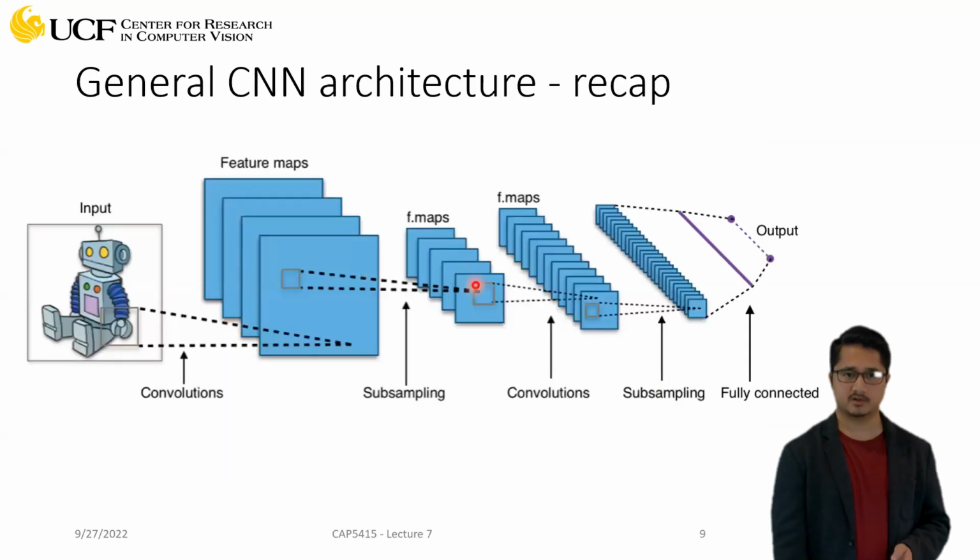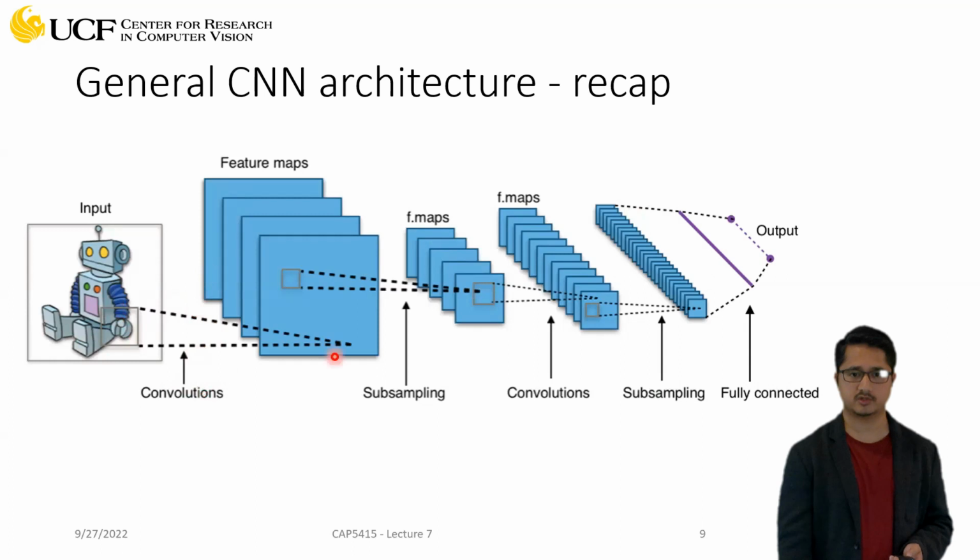But how you obtain these activation maps using these convolution operations, those are the network parameters which we are going to learn. So a general CNN architecture, as you all know by now, you have an input image, you have certain convolution layers, some subsampling layers or some normalization layers, and your data will flow in your network. You go from feature maps to feature maps, and finally the output.